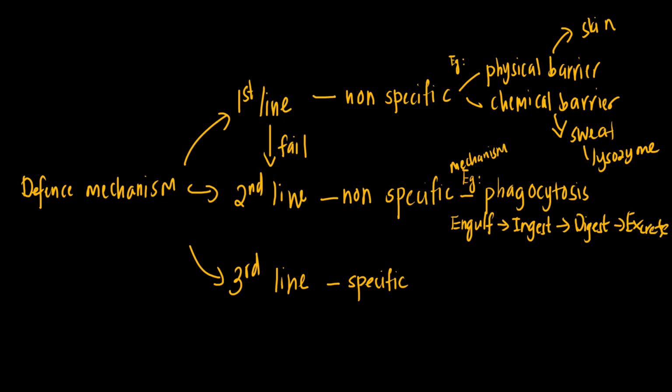And then we go to the third line defense mechanism, and this one is very specific. The mechanism that I'm using is actually the antibody. So how is the process here? The antibody reacts in a few mechanisms.